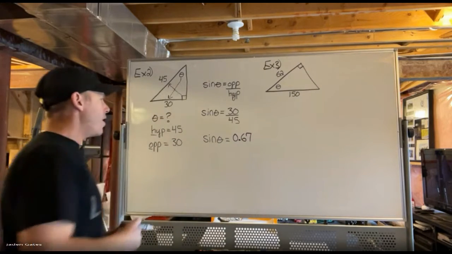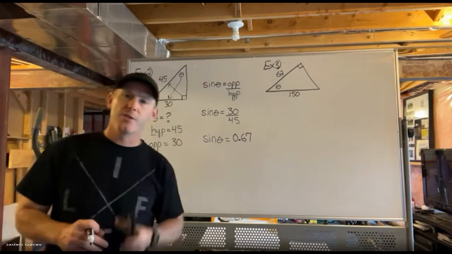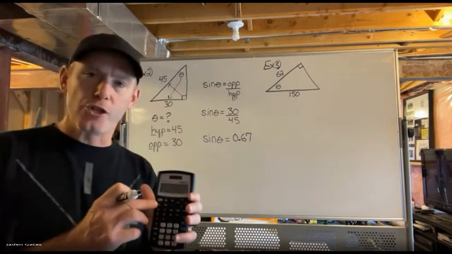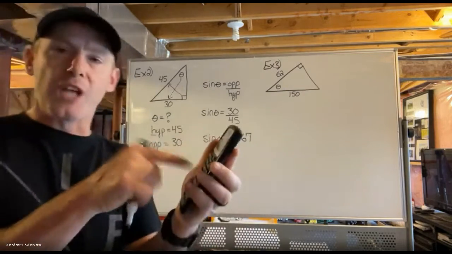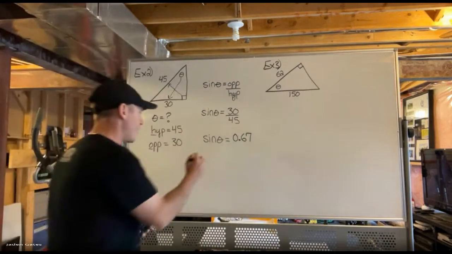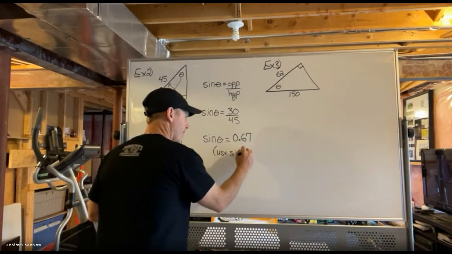All right, so now we have the decimal, but we want the angle. This is when on my calculator I press second function, the little blue button, then sine, and then I put in 0.67. So I'm going to use sine reverse this time.